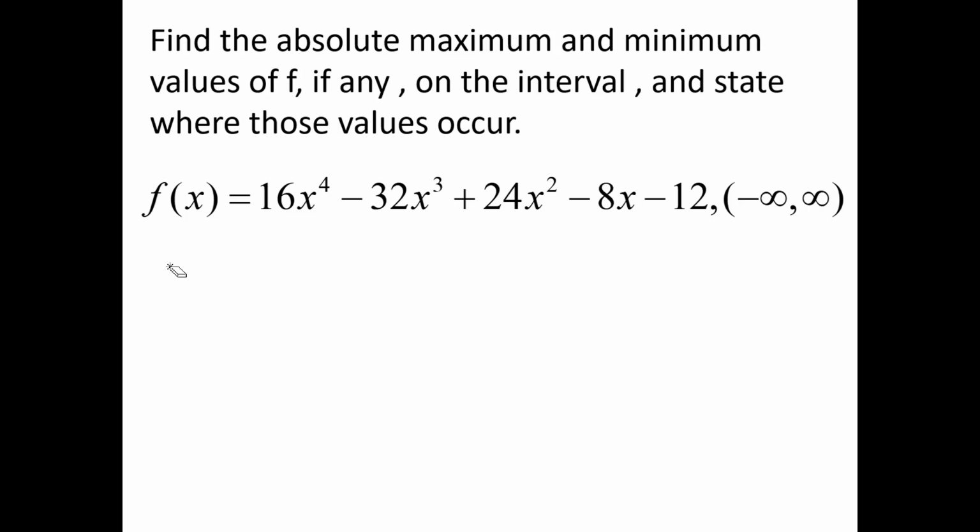And so we have this infinite interval, but we're going to look at the first derivative, bring down the exponent, and we'll get 64x cubed minus 96x squared plus 48x minus 8, and the 12 goes away.